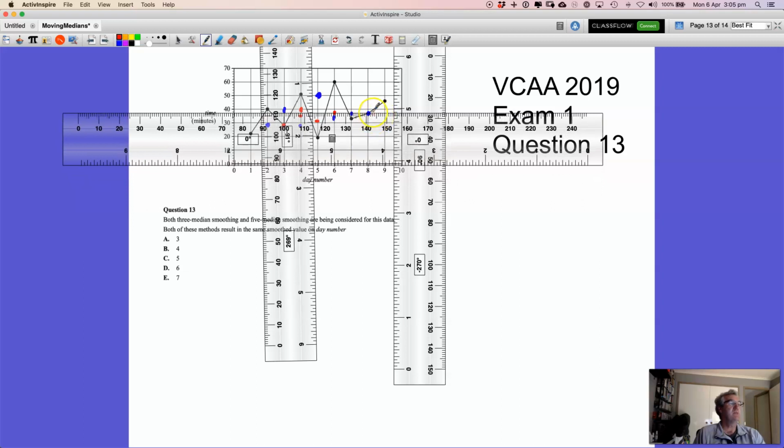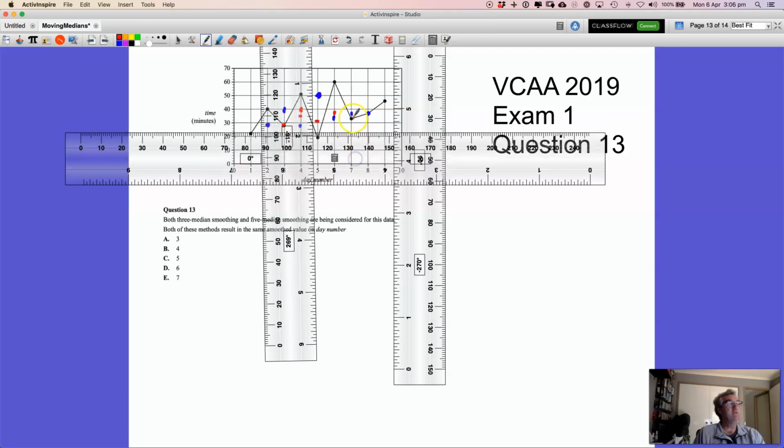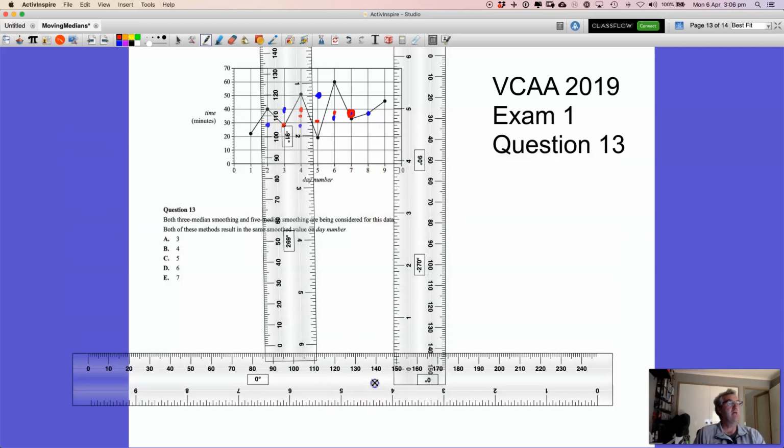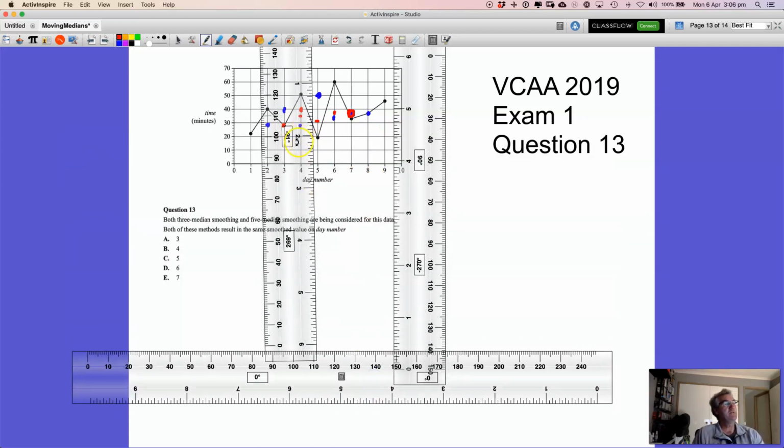And you'll notice that is a data point that I'm interested in. It happens to be the same as the blue one that I've identified earlier. So both the red and the blue have landed on the same point there. So I would answer this, or believe the answer to this one would be option B.